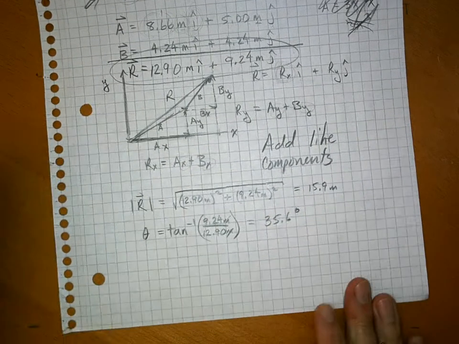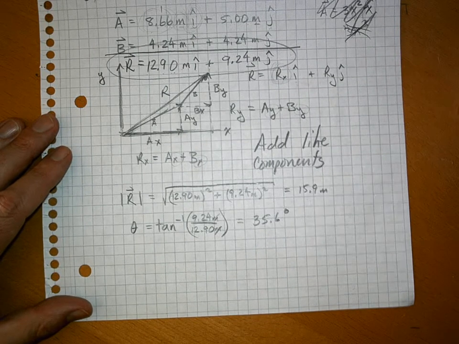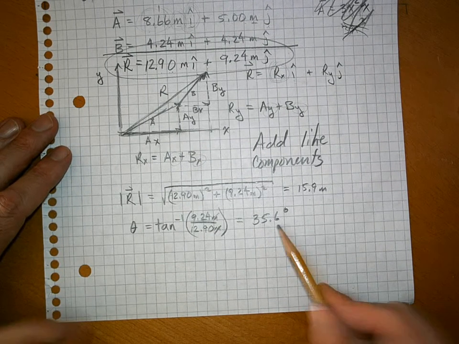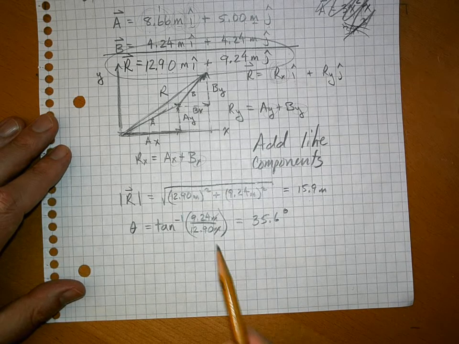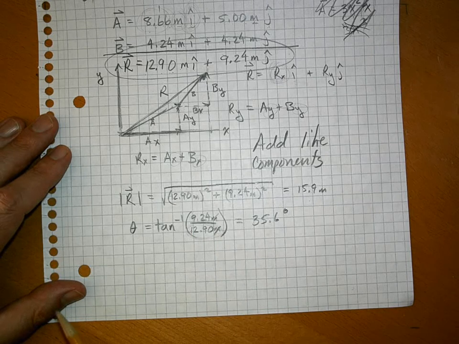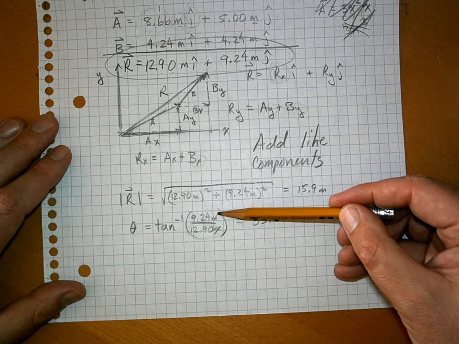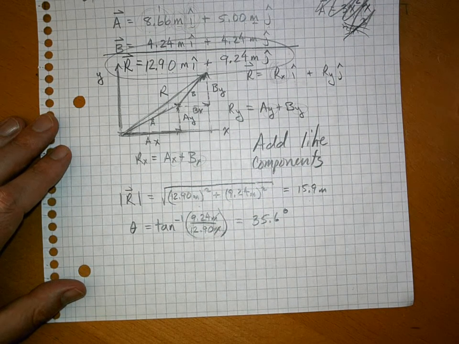Now remember to check. Do I need to add 180 degrees to this angle? No. Because why? The x component is positive. And since the y component is also positive, we're in the first quadrant, and when you use inverse tangent on your calculator, you get the correct answer.